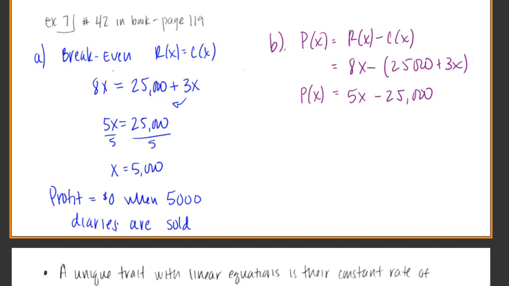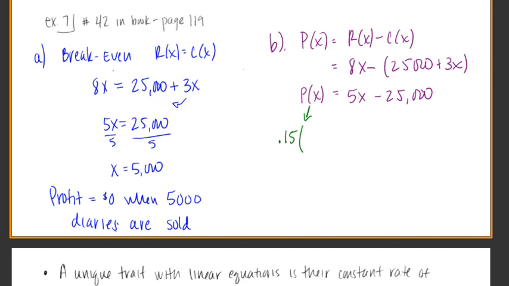Okay. All right, and so now what we want is for this profit to be 15%, so 0.15 of the cost of making the diaries, specifically when we break even. So let's find the cost of making 5,000 diaries. So we're going to find 15% of the cost of breaking even, which is when we make 5,000 diaries.